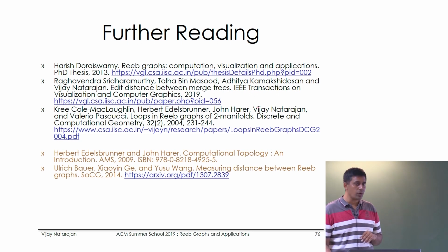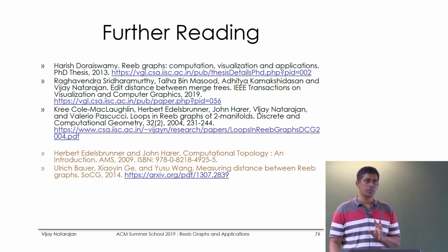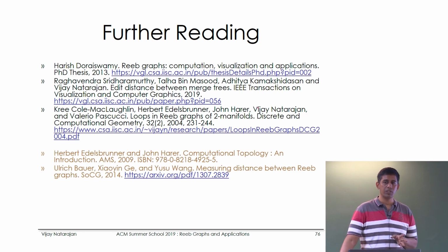The last two references are more generic. This is a book on computational topology. If you are interested broadly in this topic, Reeb graphs, there are other data structures also. There is one recent paper, this is an early version of that recent paper, on comparing distances between Reeb graphs. This is a very nice, interesting result, so I wanted to highlight that.